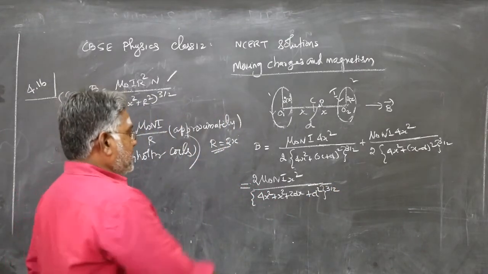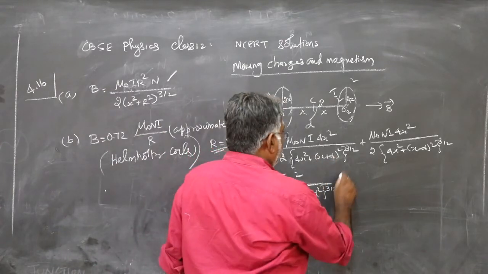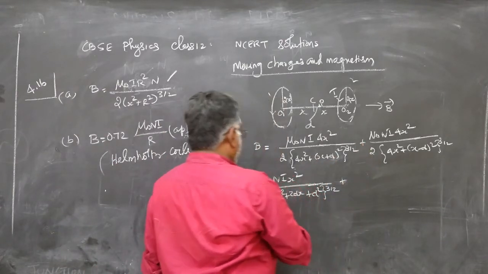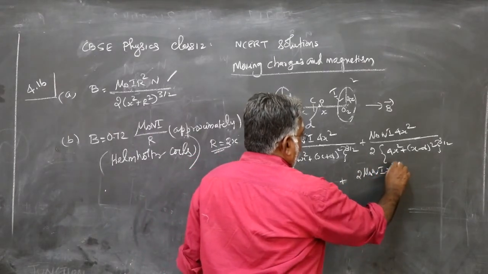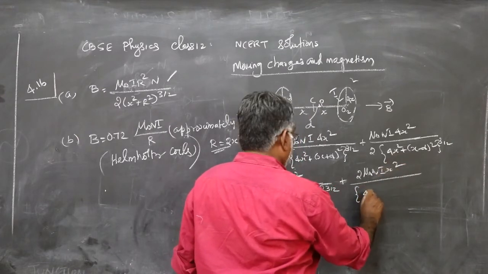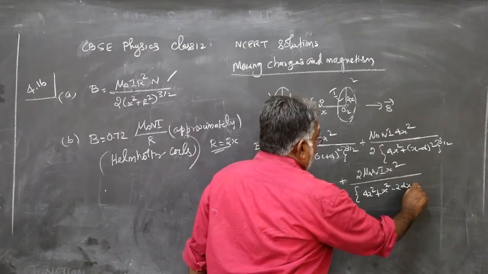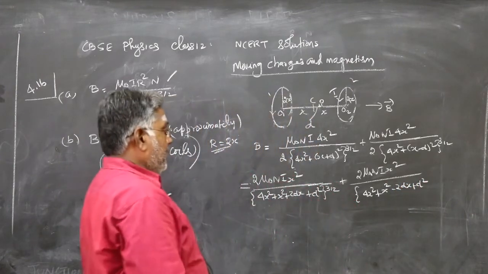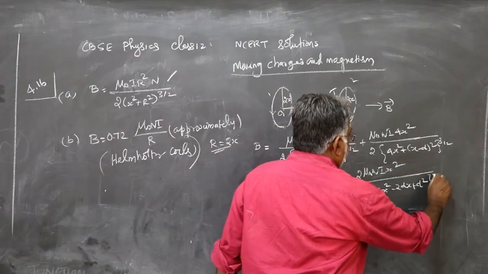I am expanding this using a plus b whole square formula, plus 2 mu naught ni x square by 4x square plus x square minus 2 dx plus d square power of course 3 by 2.